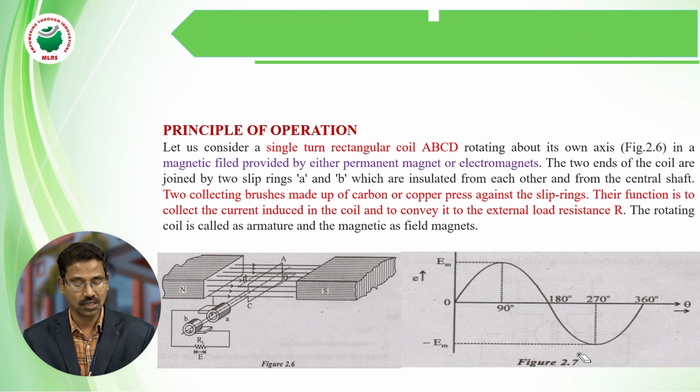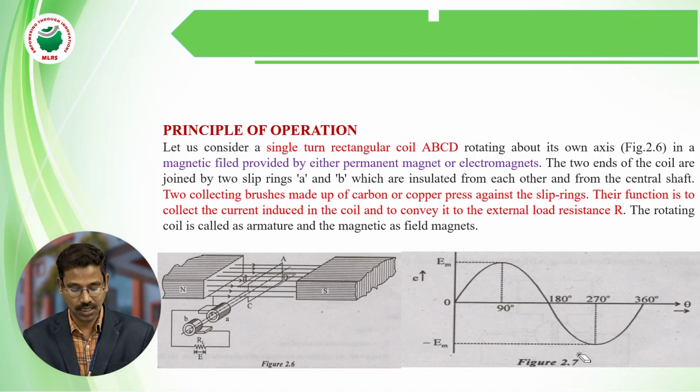The next one is the principle of operation, or working principle. How can the DC signal be obtained from the output terminal of the DC generator? Let us see how this generator works. Let us consider two magnets such that a constant flux is produced from the north pole to the south pole.